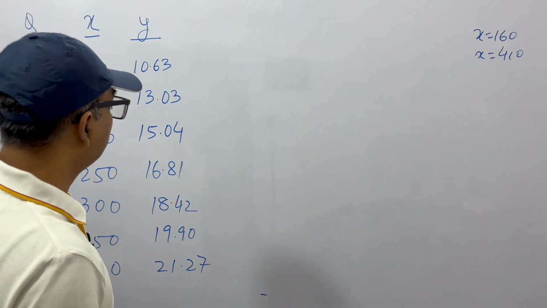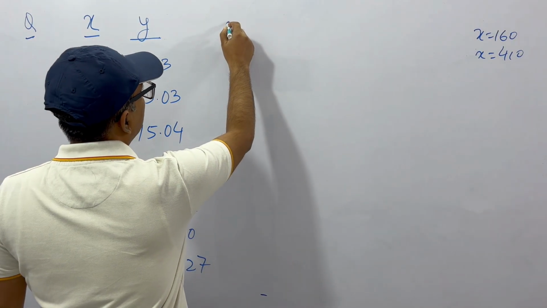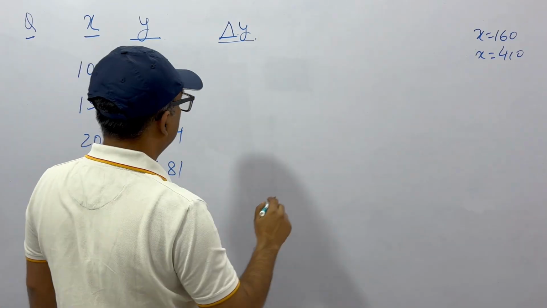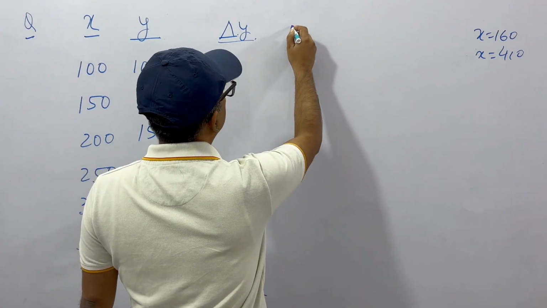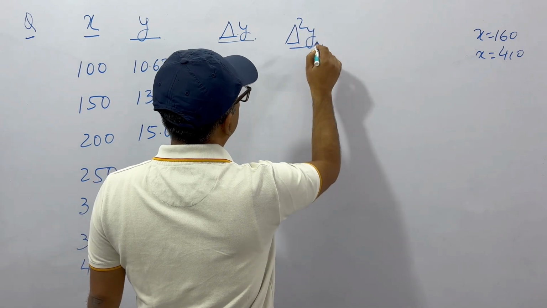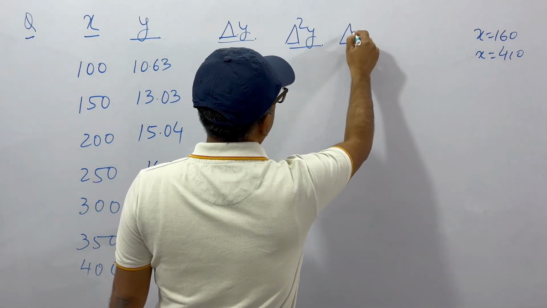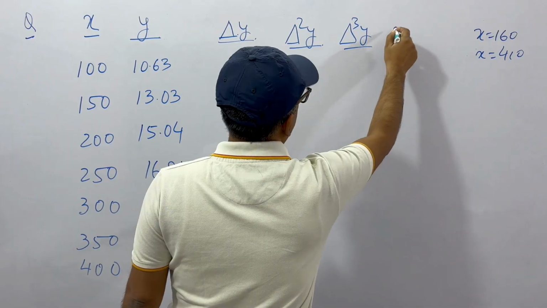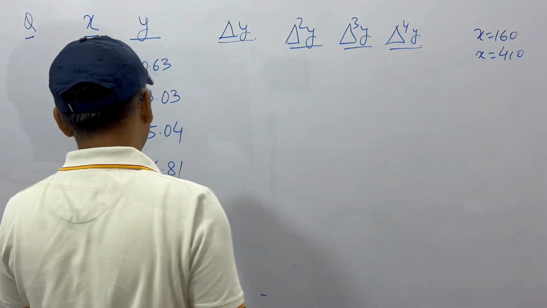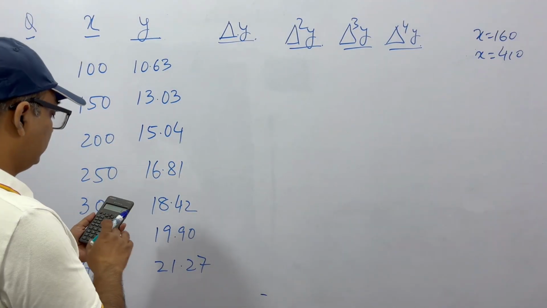First of all, we'll have to construct the difference table. This is first, this is second, this is third, this is fourth. Let's find out.